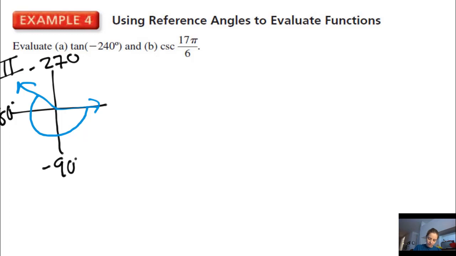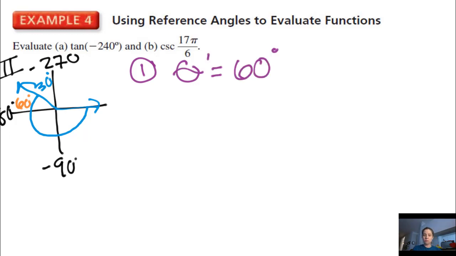Let's see, I know that it's 30 degrees away from the x-axis, so theta prime is 60 degrees. Step 1, theta prime is 60 degrees. Your reference angle will always be positive.